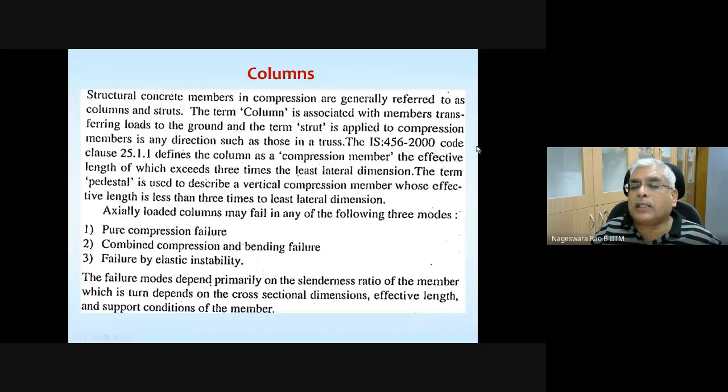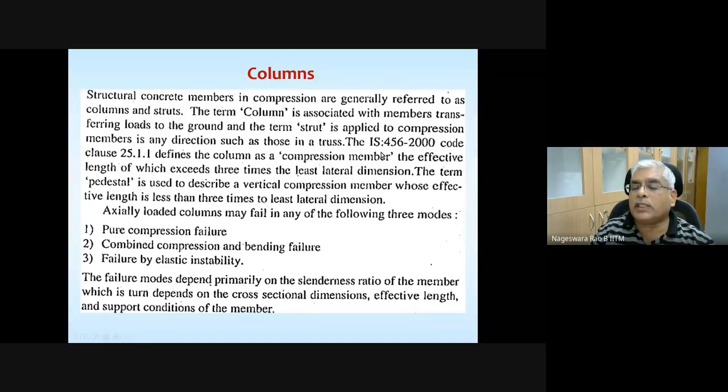IS 456 code classifies or defines a column as a compression member, the effective length of which exceeds 3 times the least lateral dimension. If the effective length of the column is less than 3 times the least lateral dimension, then it is classified as a pedestal. For a pedestal, you don't need to use reinforcement. You can make it only plain concrete as a pedestal. So you need to make a note of that.